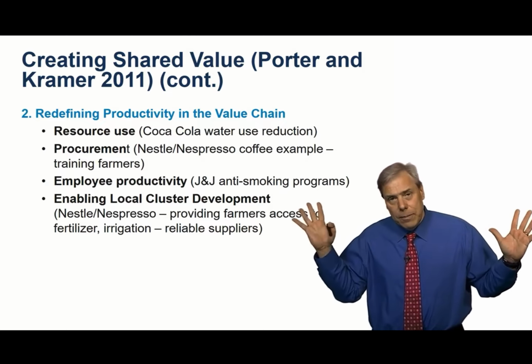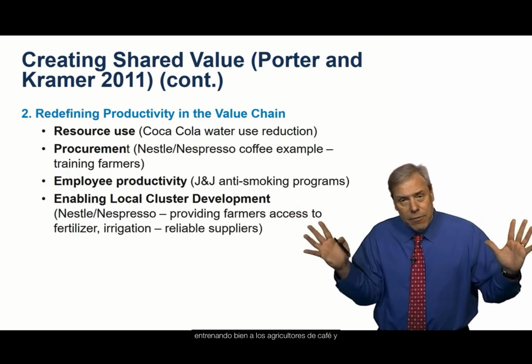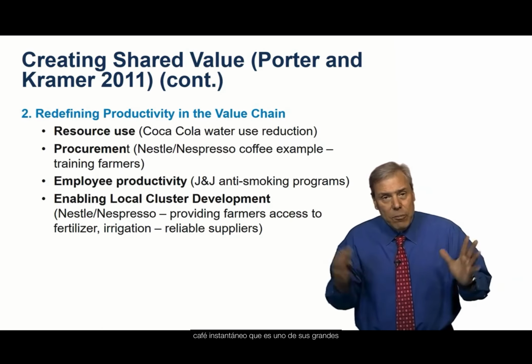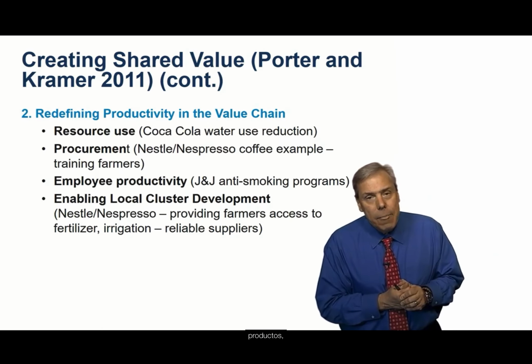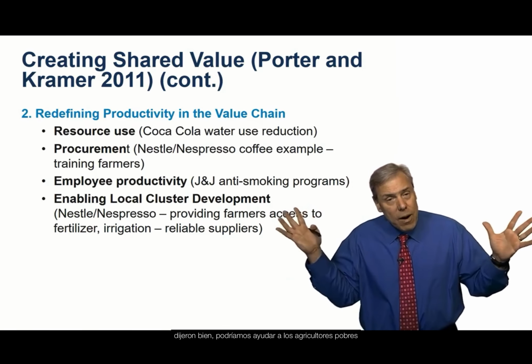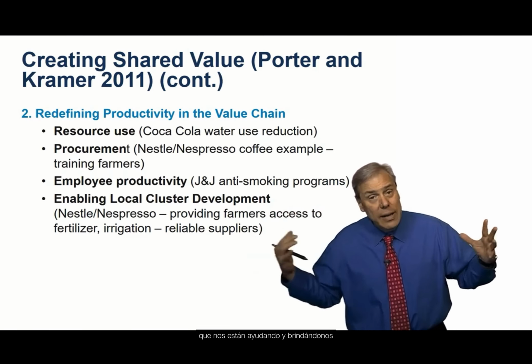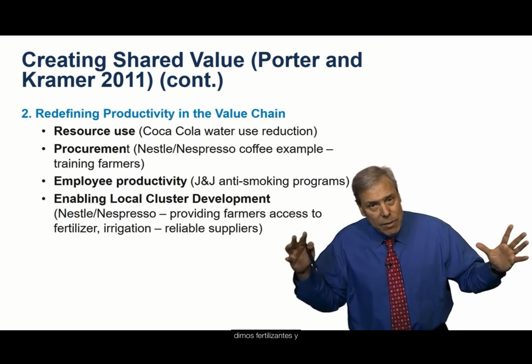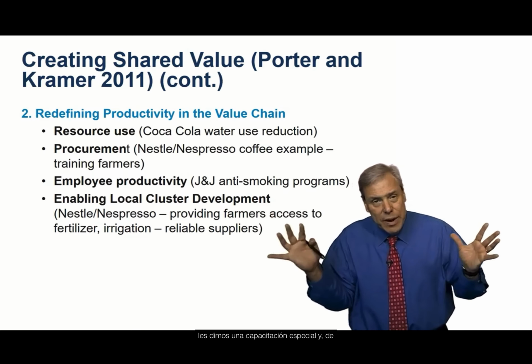Nestle Corporation training coffee farmers. They make the Nespresso, they make the instant coffee. That's one of their great products. But one of the things they did is they said, well, we could help poor farmers that are providing us with the coffee beans if we trained them, and we gave them fertilizer and gave them some special training.